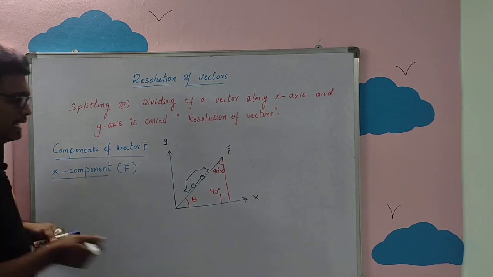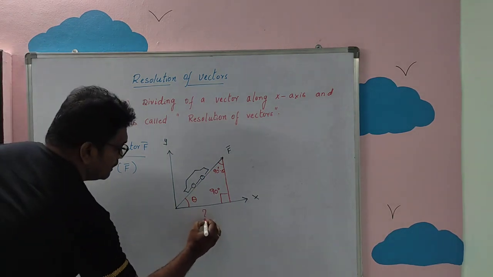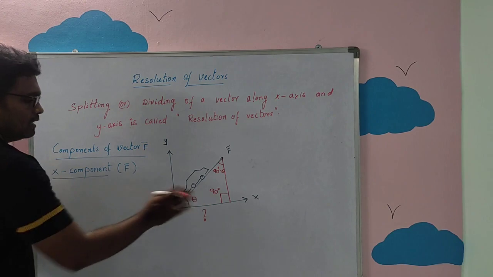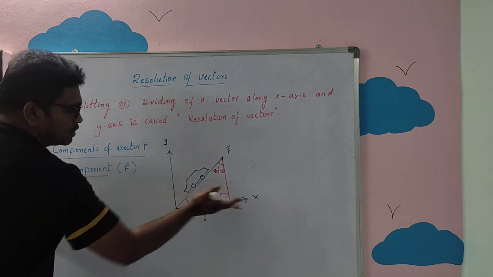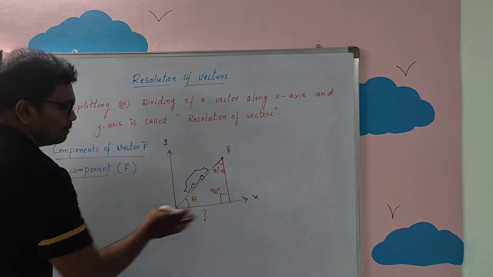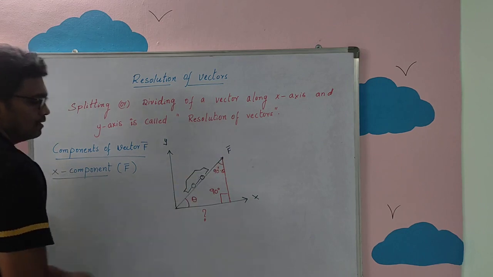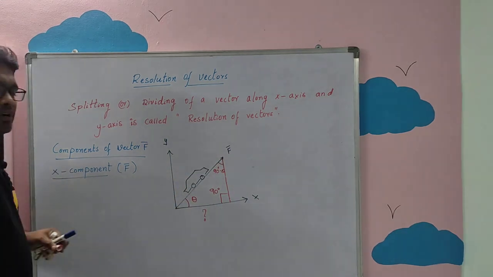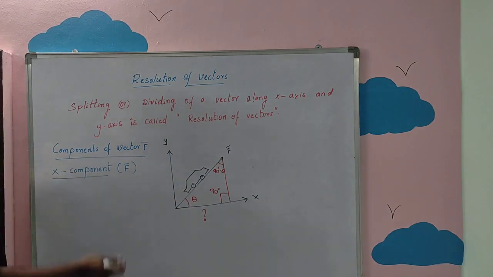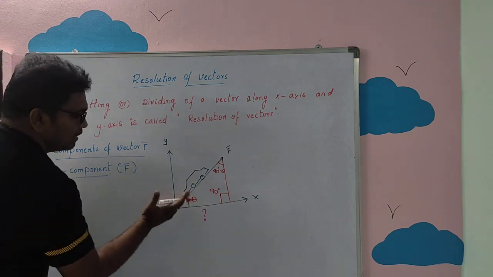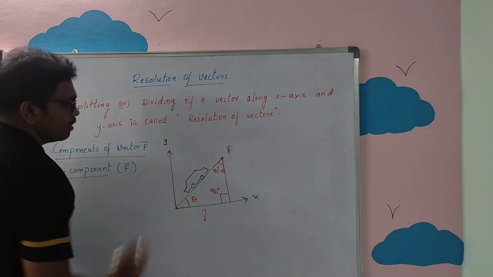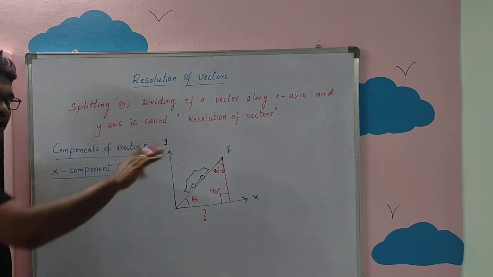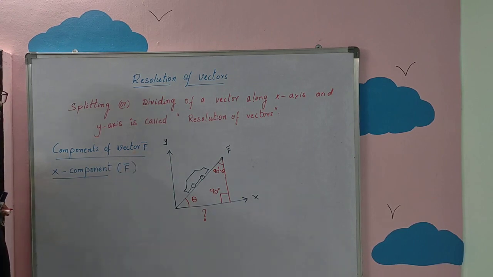Now, what do we need? The x component. We need this x component. For our theta, the direction of our x component is nothing but the base of the right angle triangle. So, the base of the triangle is nothing but the adjacent side, and our force vector is represented along the hypotenuse of our right angle triangle.